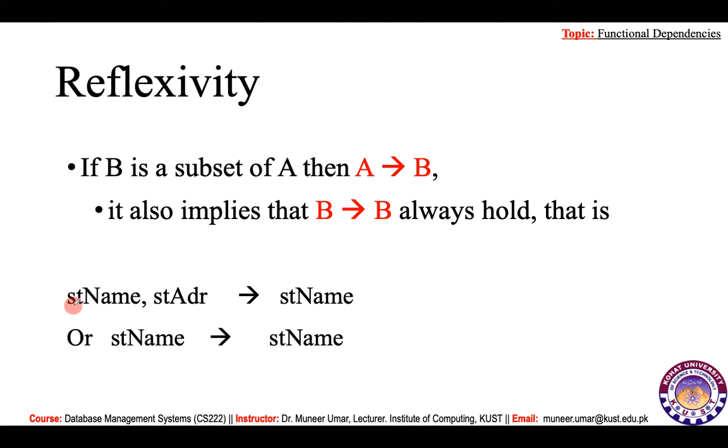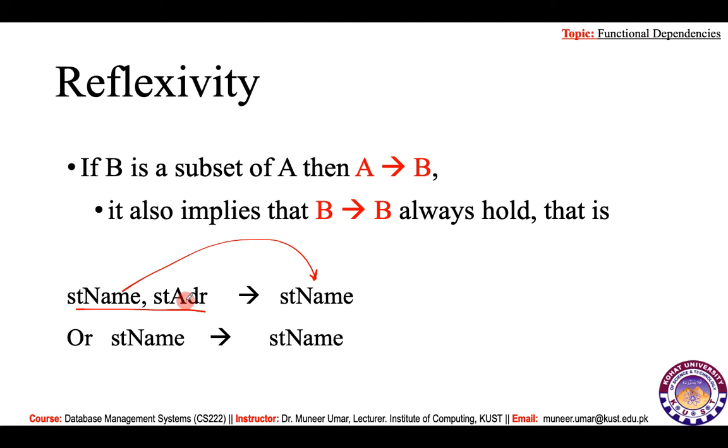If we look into the example, the student name and student address both are composite, and these both are determining the student name. So this student name is present at both places, so we can assume if there is a composite key, then it must determine its part. Similarly, the student address will also determine itself.